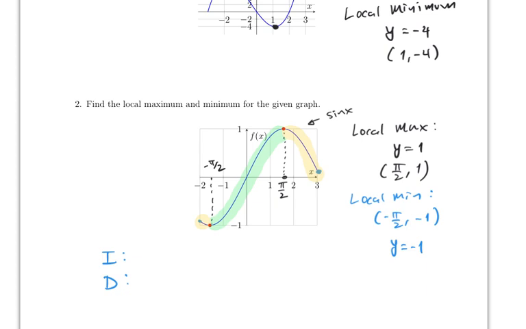But in this particular case, the increasing will be from minus pi over 2 to pi over 2, which could be minus 1.5 or whatever this is. And then this is decreasing from -2 to minus pi over 2, or from pi over 2 to 3. And as you can see, you have a graph to do the increasing, decreasing, max, min.